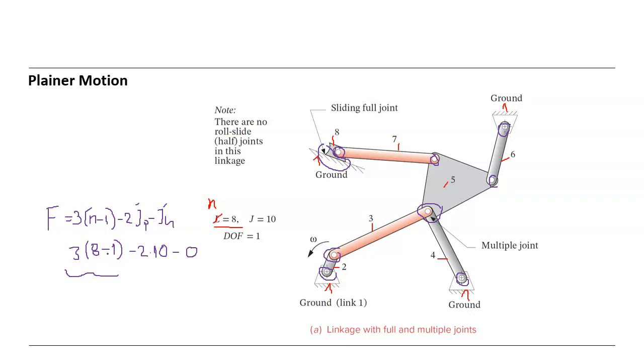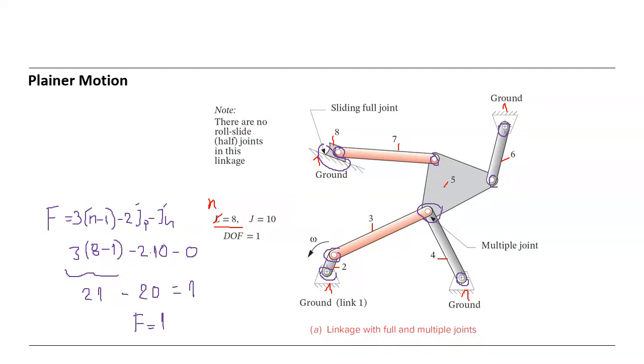Here we have 7, 3 times 7, 21, and here 20, so it's equal 1. So that means F is equal 1. Okay. So degree of freedom of the mechanism is 1.